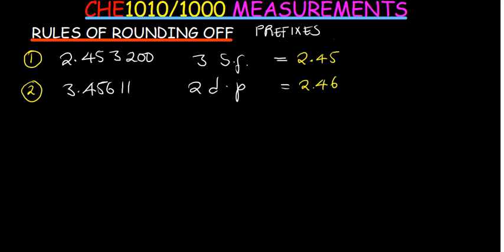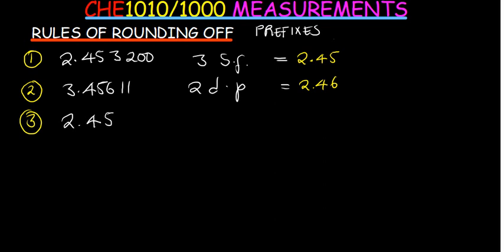And after this, now we come to the tricky part. When the number you want to round from is 5, that is the trickiest part. I know we've been doing this since secondary school. Now, let me say 2.45.